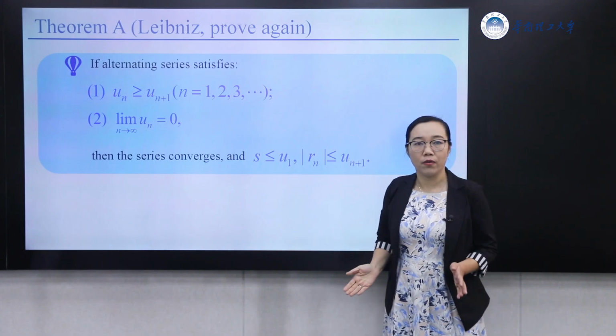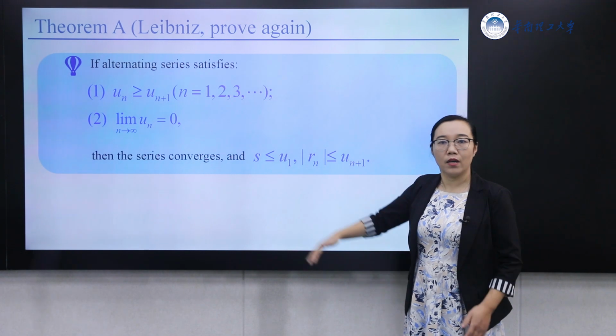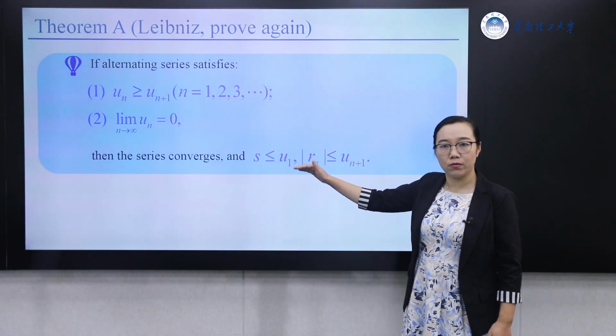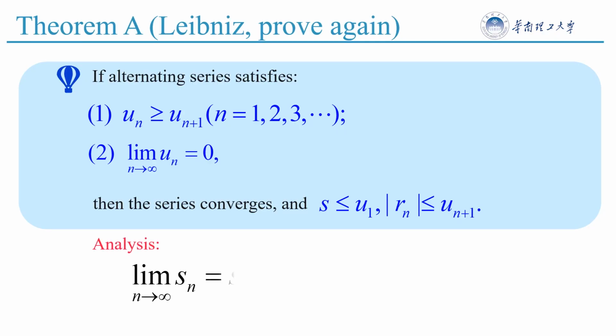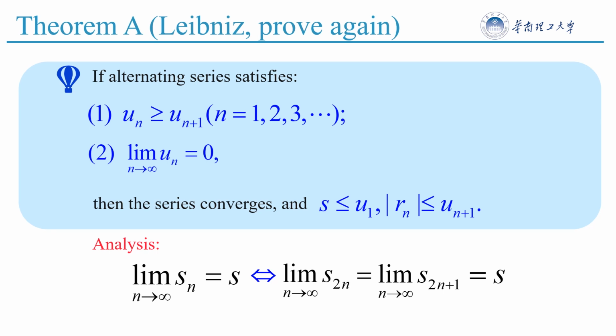The absolute value of Rn is less than or equal to Un plus 1. Try to analyze: the limit of Sn equals S if and only if the limit of S2n equals the limit of S2n plus 1 and equals S.